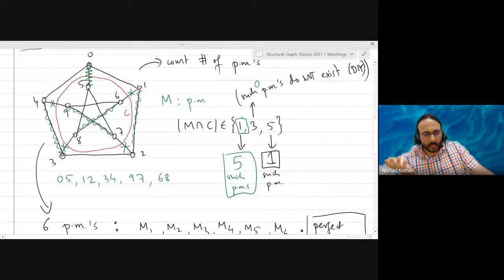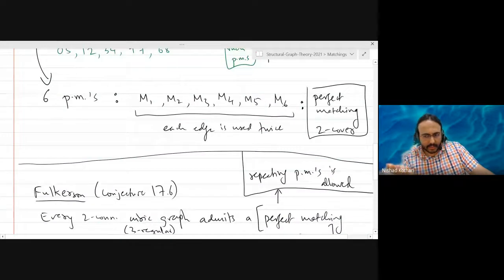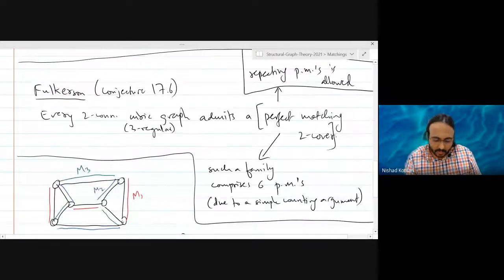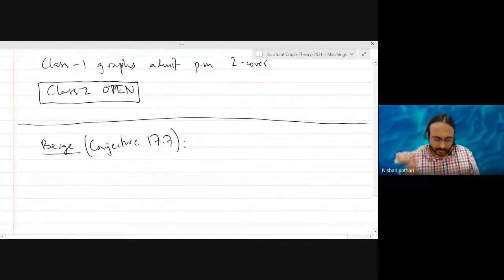Why don't we cover each edge at least once? Notice that if you have a double cover using six perfect matchings, you can throw away one perfect matching and every edge will still be covered at least once. So if you just want to cover all the edges using perfect matchings, you don't need six. Five will suffice. But then you won't cover each edge twice, you will cover some edges only once. In particular, the perfect matching you threw away, those edges will now be covered only once.